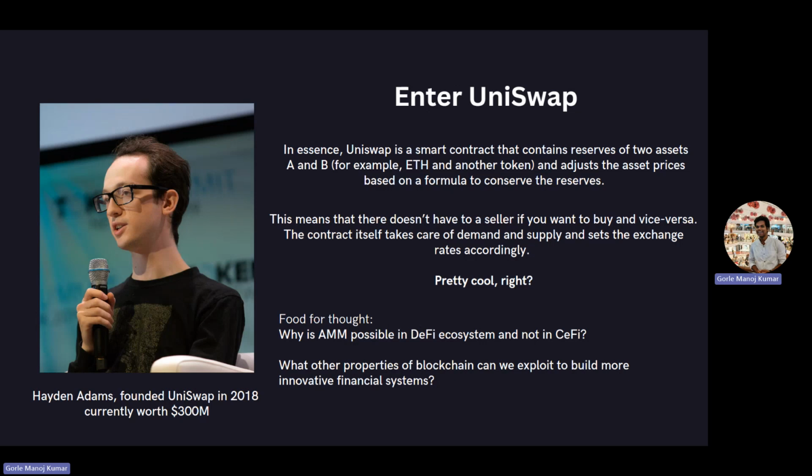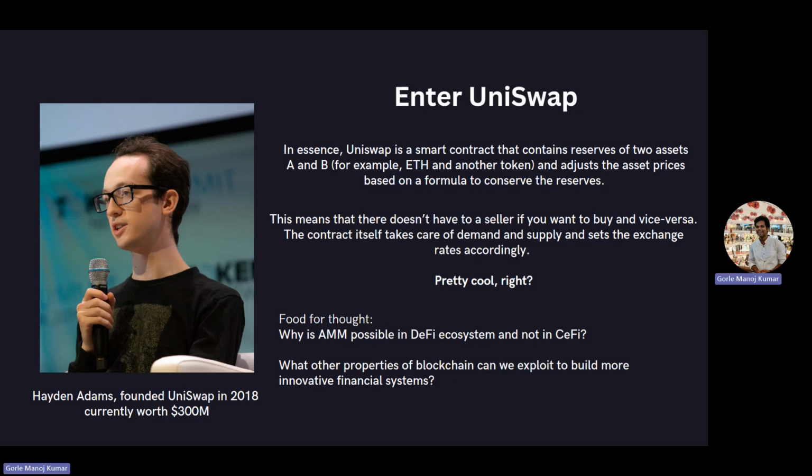Now, if you want to create a 24/7 marketplace, the problem is, how do you set the price? And this is where the Uniswap innovation comes in. It basically says that the price of a particular asset can be set using a mathematical formula that we will hard code in the smart contract itself.